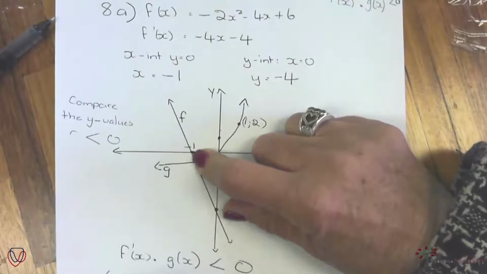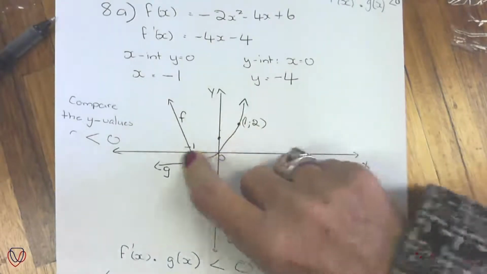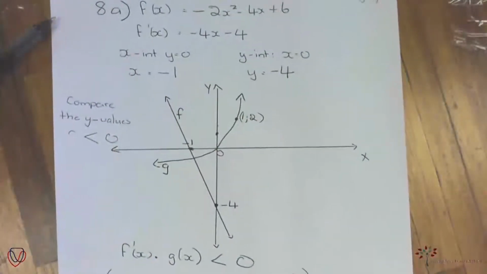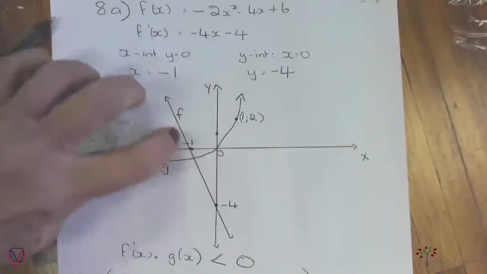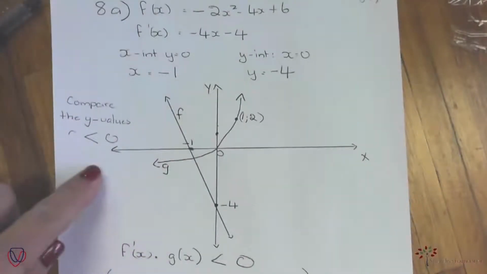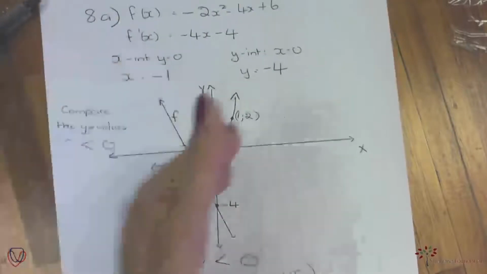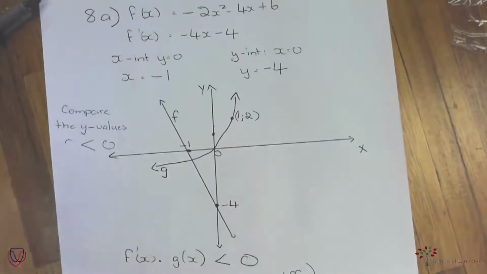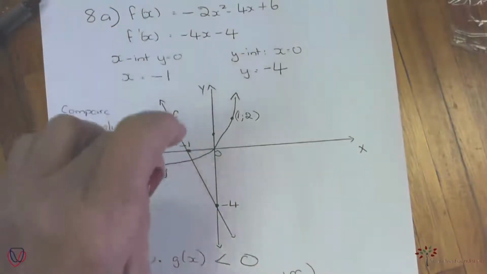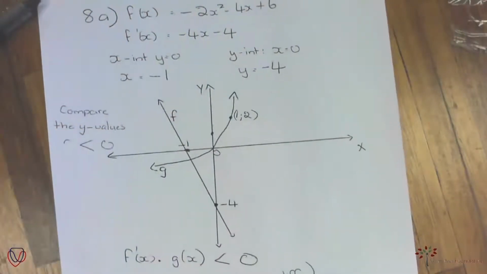So we're going to say x smaller than -1. All the way there. This one will grow, but it will never go to the positive side. So from here, smaller than -1, you will have a positive times a negative. The product will be smaller than 0.